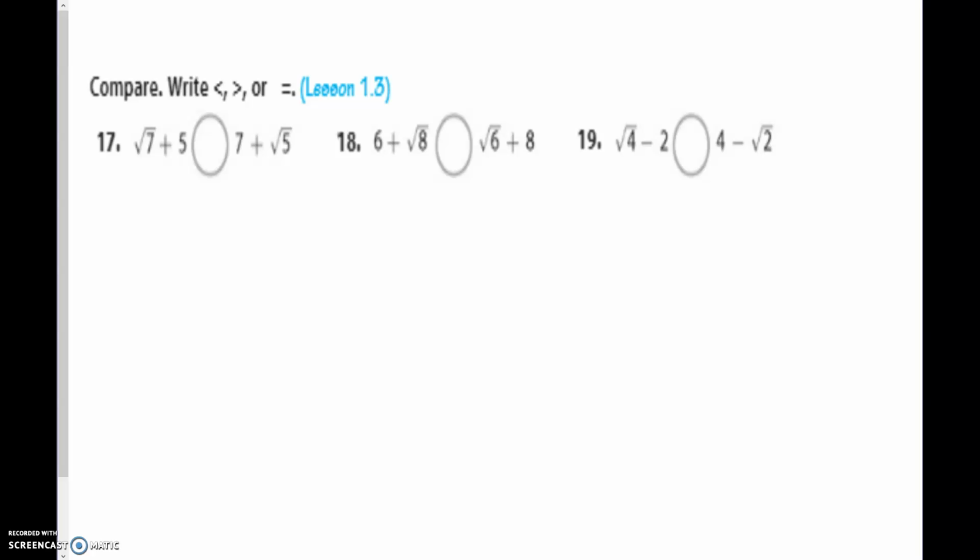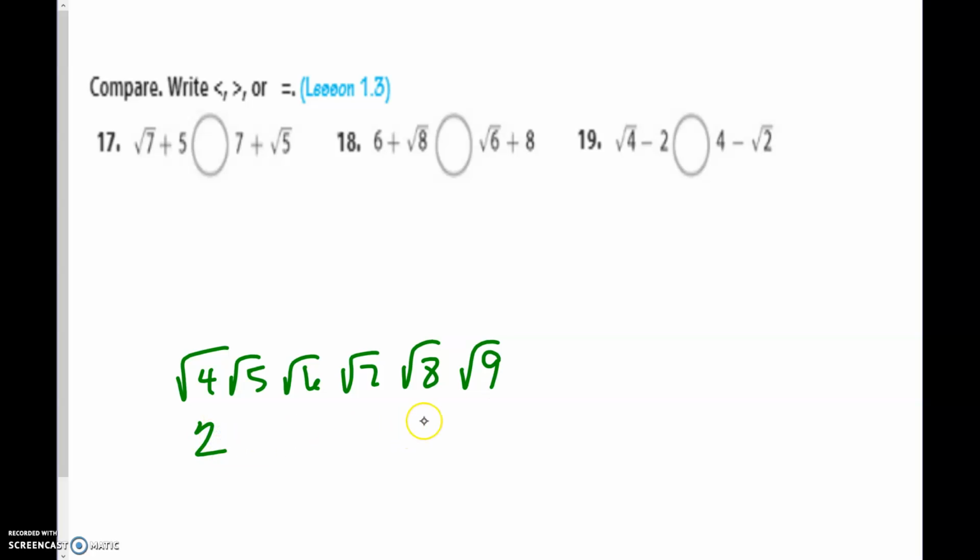All right, comparing here. So it looks like I've got some square roots here, so I've got to get some decimal values. If I'm talking about the square root of 4, square root of 5, 6, 7, 8, 9, this is 2 and this is 3. So if we look right here in the middle, this is going to be 2.5.